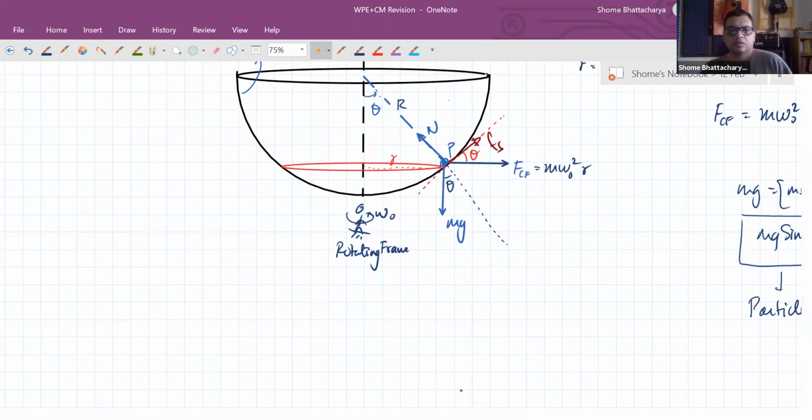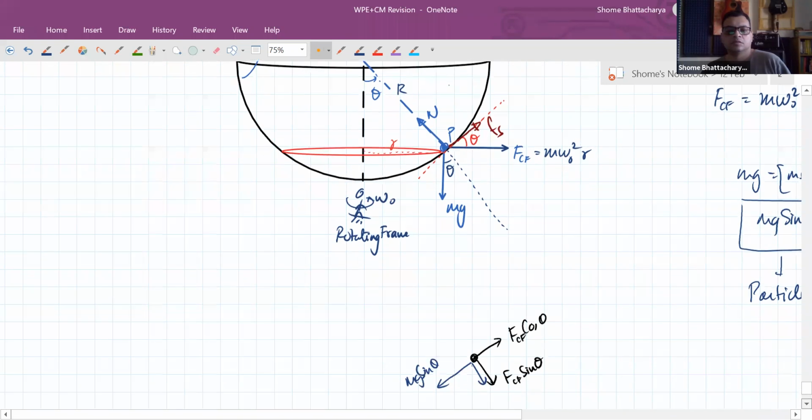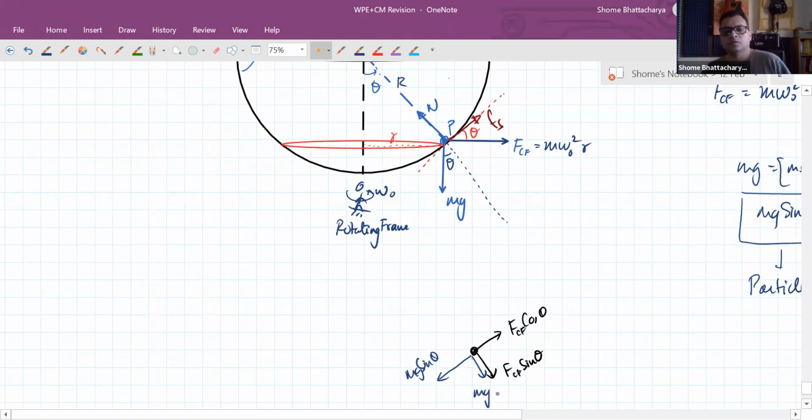Okay. So with the forces resolved, you can see that centrifugal force's components will become cos component, sine component. Okay. Then mg's components, sine component, cos component.